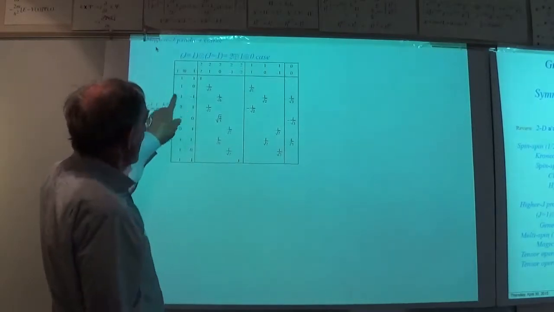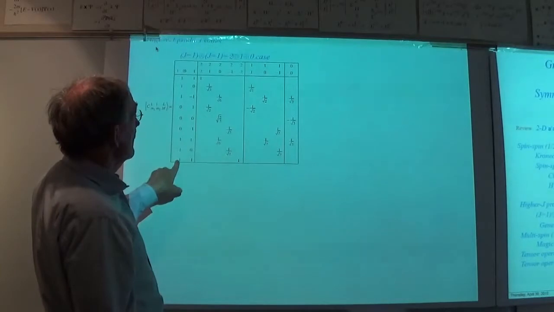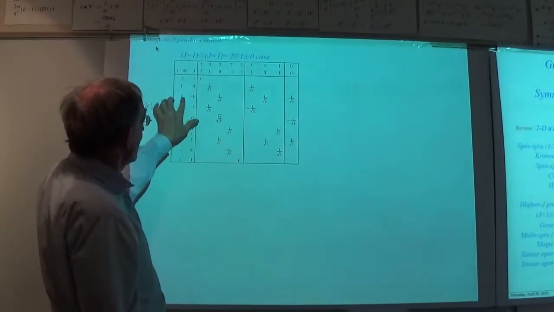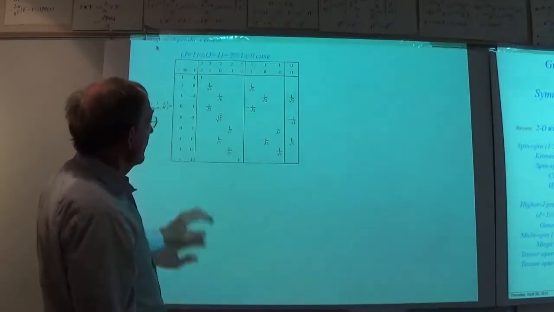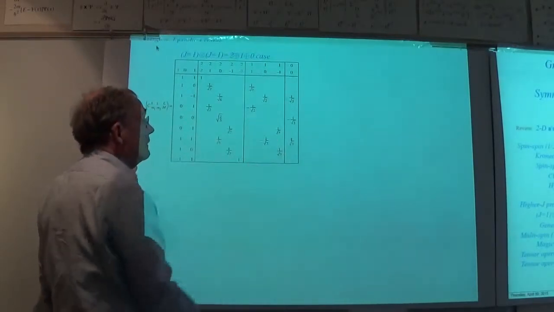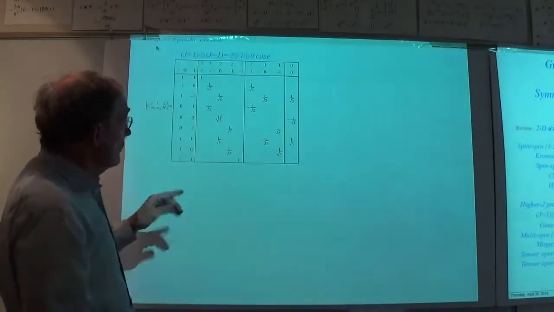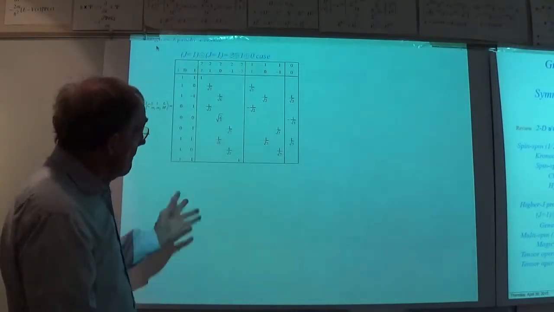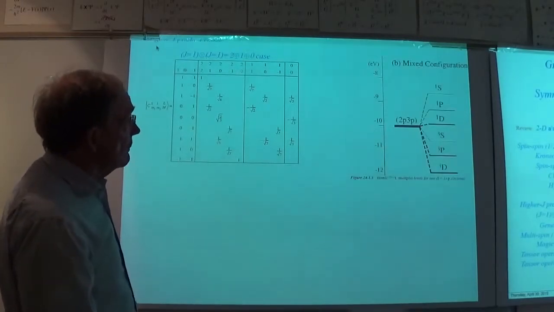It just does the 1 minus 1, which is the same as, let's see if I've got that right, minus 1, 1, you see, and then there's 0, 0, which is very symmetric. No other components for that. So you can use the Young tableau theory to get Clebsch-Gordan coefficients pretty quickly, instead of using the raising and lowering operator stuff.